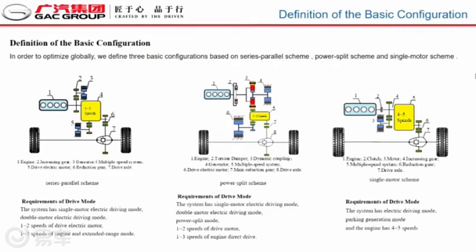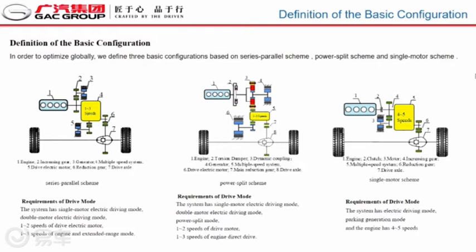The first basic configuration is the serial parallel scheme. This scheme includes the one motor EV, double motor EV, and the engine has 1 to 3 speeds. The EM2 has 1 to 2 speeds, and includes the extended range mode. The second basic configuration is the power split scheme.